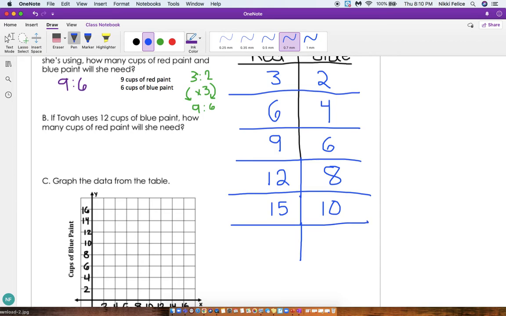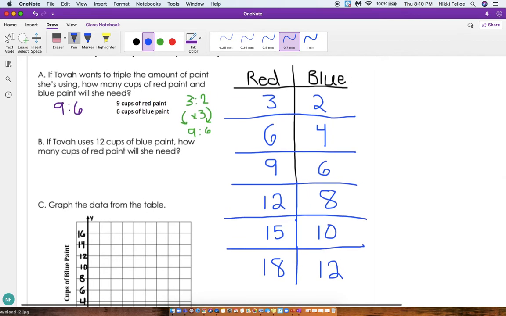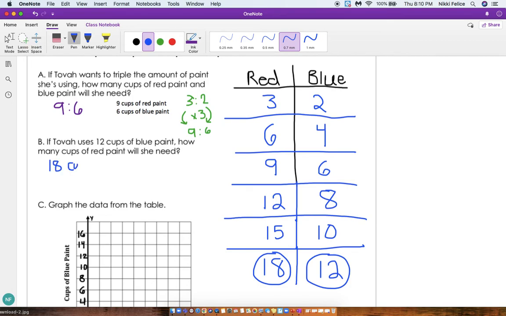Then we would have 18 to 12. Okay, we just hit 12 cups of paint on the blue side. So when there are 12 cups of blue paint, that means Tova must use 18 cups of red paint. So that's how you figure it out using the ratio table.